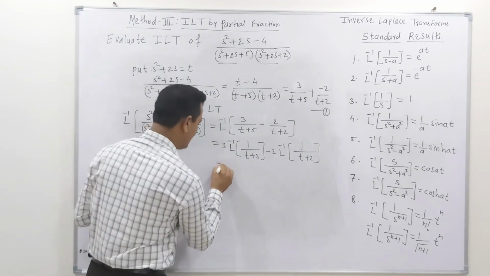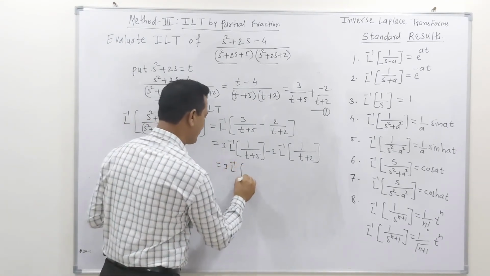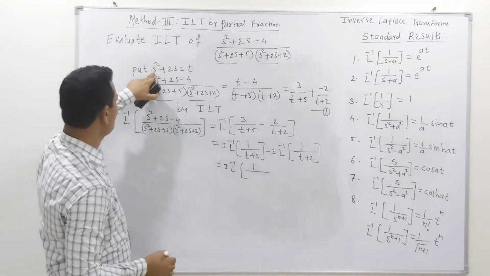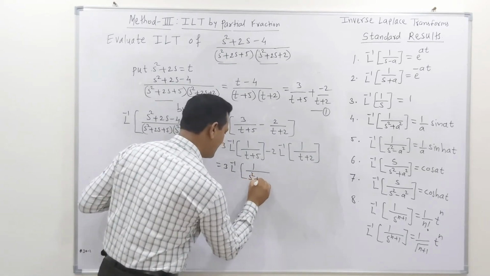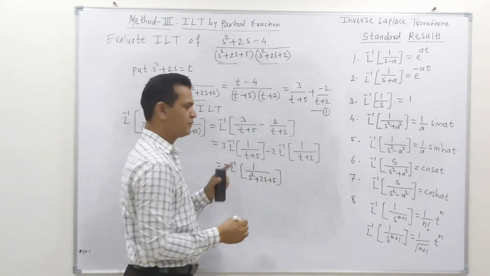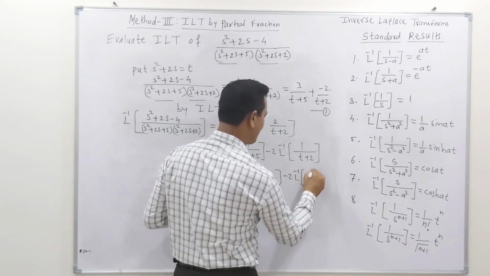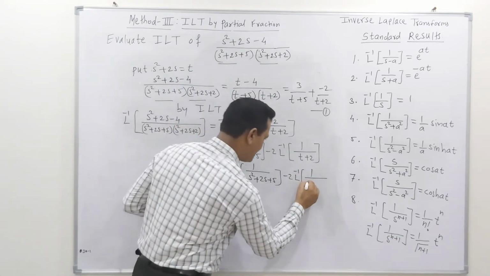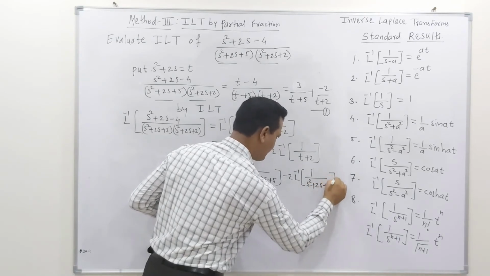What is the value of t? t is equal to s square plus 2s. So we get 3 into inverse Laplace transformation of 1 upon s square plus 2s plus 5, the original equation as it is, minus 2 into inverse Laplace transformation of 1 upon s square plus 2s plus 2.